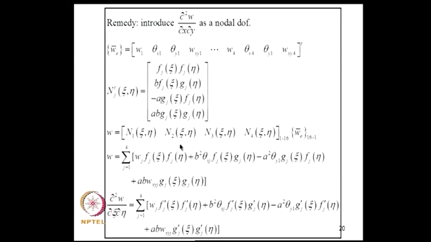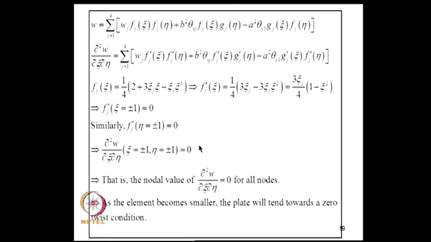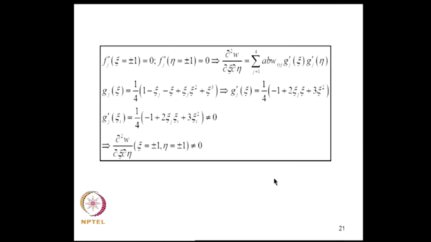Now, if you write in summation form, this is what is meant by the representation shown here. Now, if you compute the second order gradient, del squared w by del xi del eta, we get this function, and if we evaluate this at the nodes, it turns out that this is given by this function, and this function is not 0 at the nodal coordinates. So, the limitation that we observed, that this is 0 at all the nodes, is overcome here.